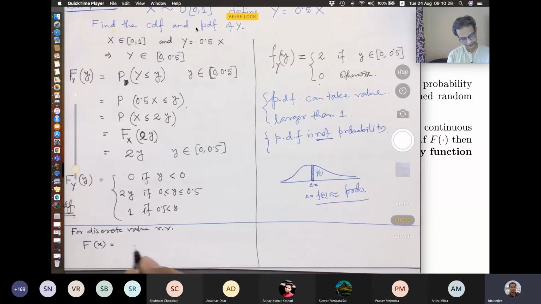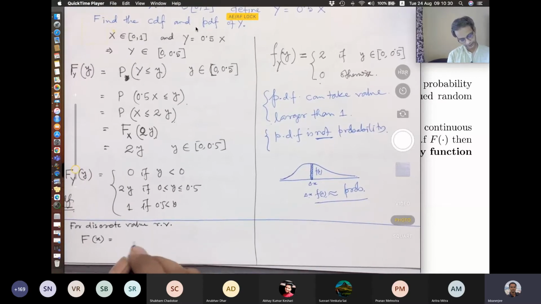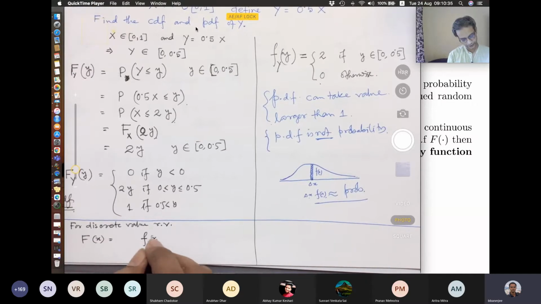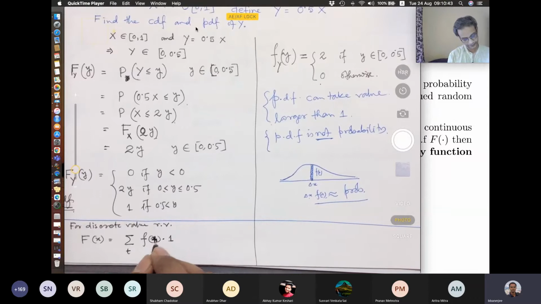F(x), say in general like this, you can compute in this way: small f(t) into 1, and sum over t, where t is less than or equal to x.